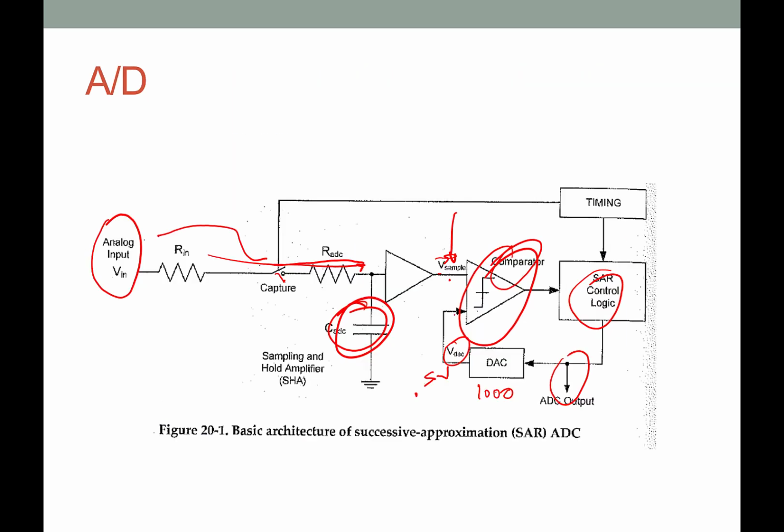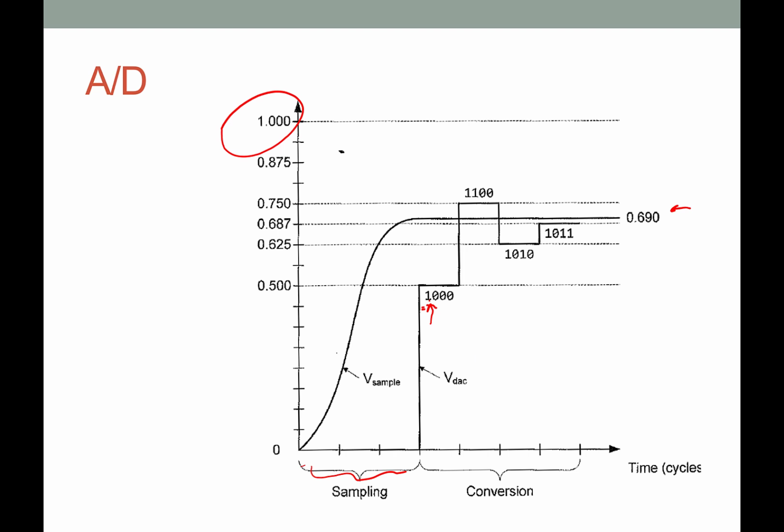So that first time it was higher, so we know that first digit is a 1 because right here we checked 0.687 is bigger than 0.5. So then what do we do? We change this next most significant bit and we put a 1 on it.